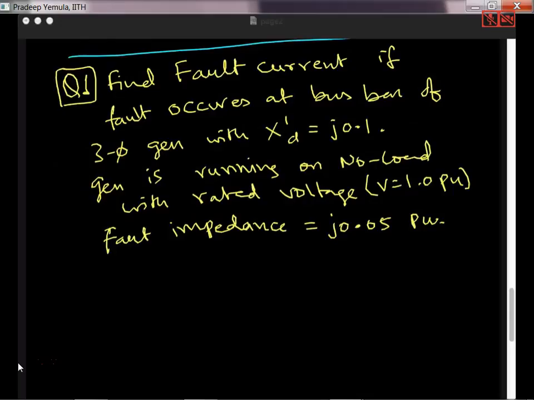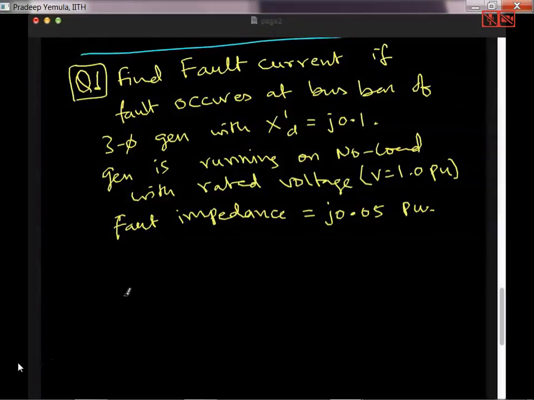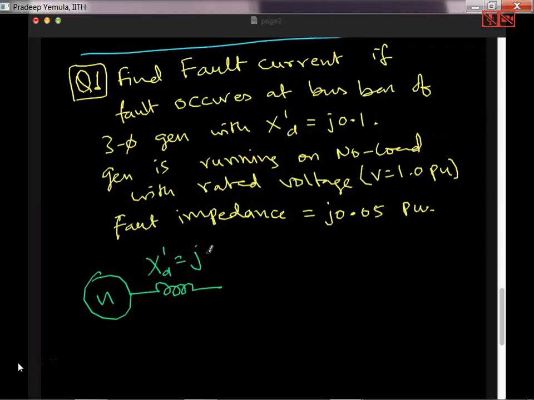So it's not very difficult. What you have to do is, first I'll draw the circuit. There is a generator. The generator has X_d single dash of j0.1, and we are generating a voltage of V equal to 1 per unit.